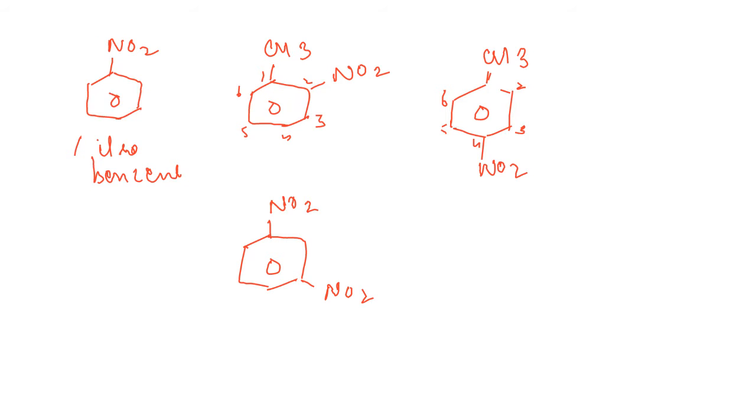We have to use the common name of this methyl benzene, that is toluene, ortho nitrotoluene. And this is para nitrotoluene or 1-methyl 4-nitrobenzene.